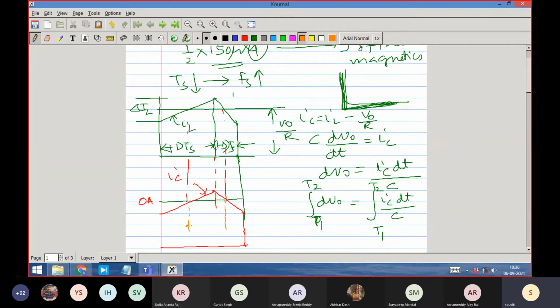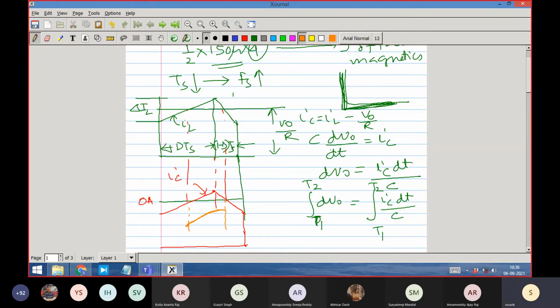Initially it is charging, because it is an integration process, so it is going up. Then a little bit later, the current is negative and the voltage is reducing.